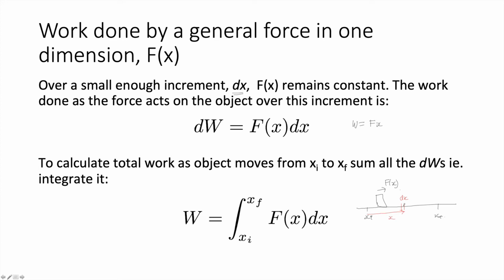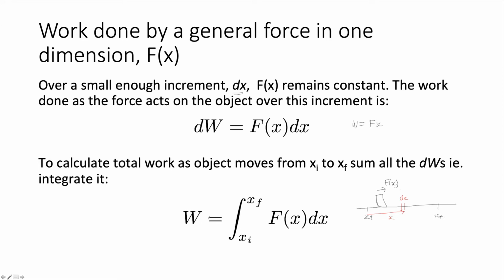Then we're going to sum up all these little increments so that we get the work done for this first little increment plus the second one plus the third one, etc., all along our line. So how we sum those up is by doing an integral. So that's why the integral sign looks a bit like an S, because it's just a sum over very fine increments. So we've got the sum of f of x dx, and then we put the limits on our integral here to show where we're starting from, our x initial, and where we're going to, our x final.